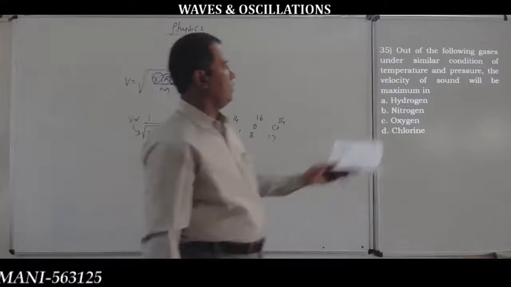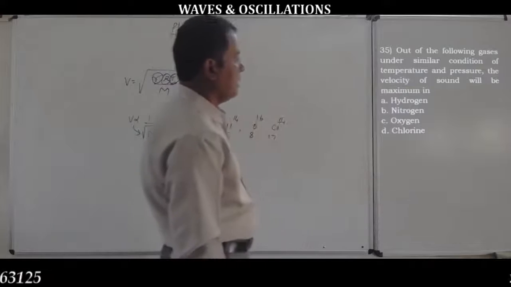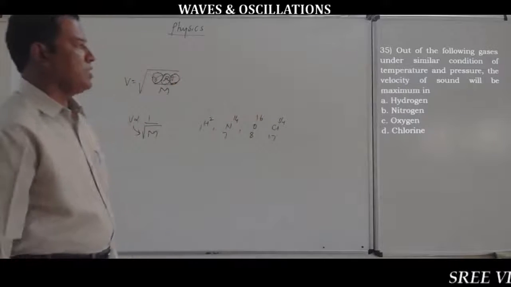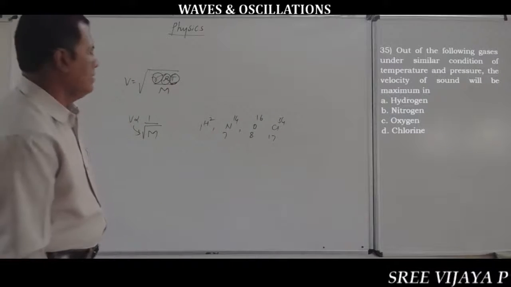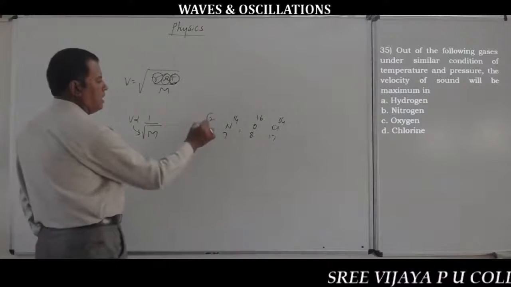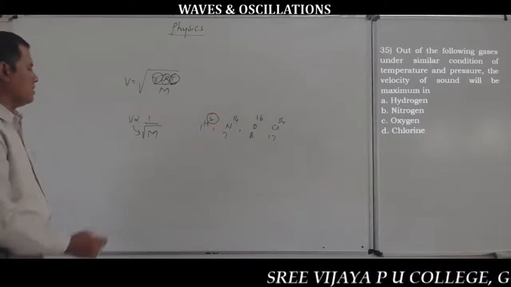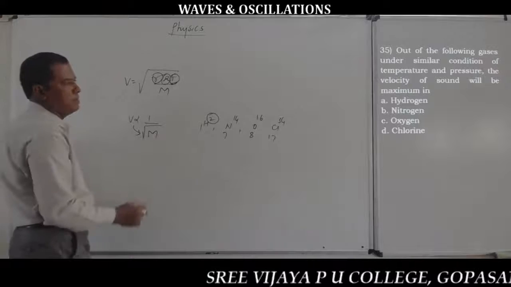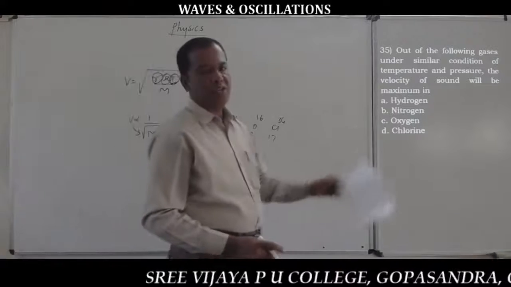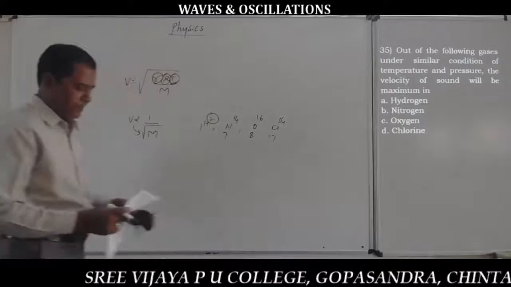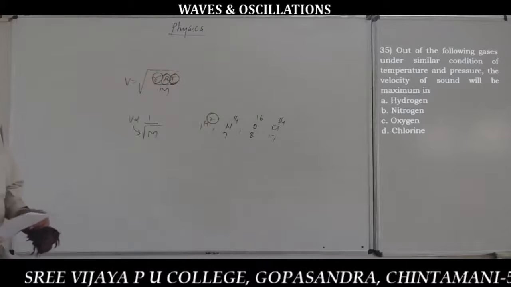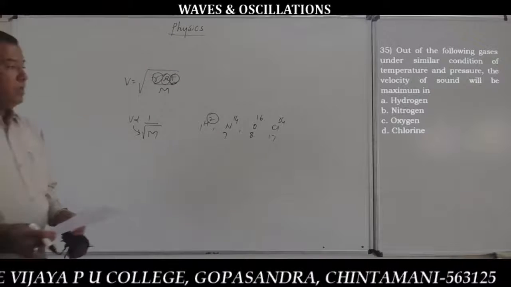It is given that out of the following gases, under similar condition of temperature and pressure, the velocity of sound will be maximum in. Since hydrogen has the minimum mass, speed will be maximum in hydrogen. So therefore, we get option A. So in the hydrogen, the velocity of sound will be maximum.